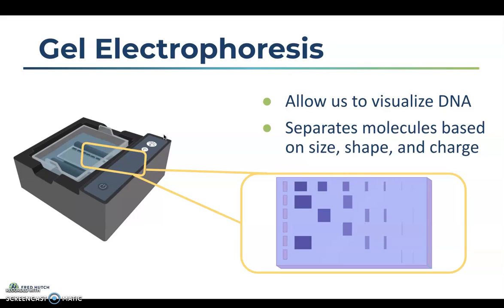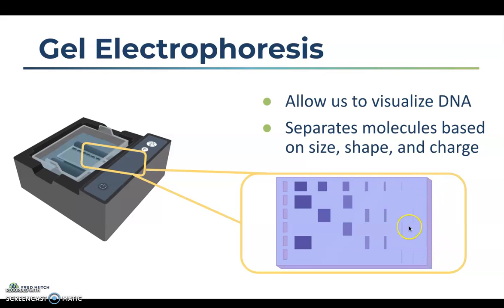So we can take advantage of the idea that positive and negative charges attract, and we can load our DNA samples into these wells, or the holes in our gel, and the DNA will move towards a positive electrode, which we can put at the other end of our gel.